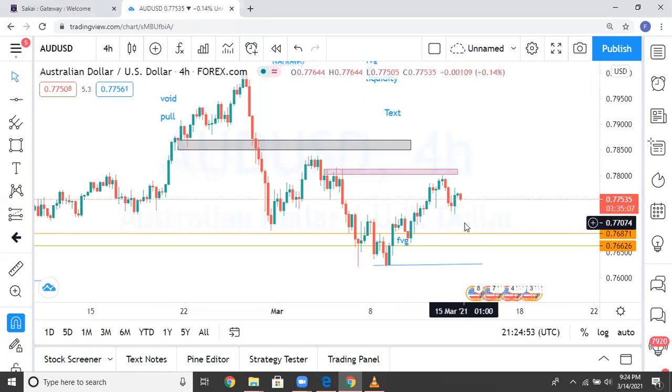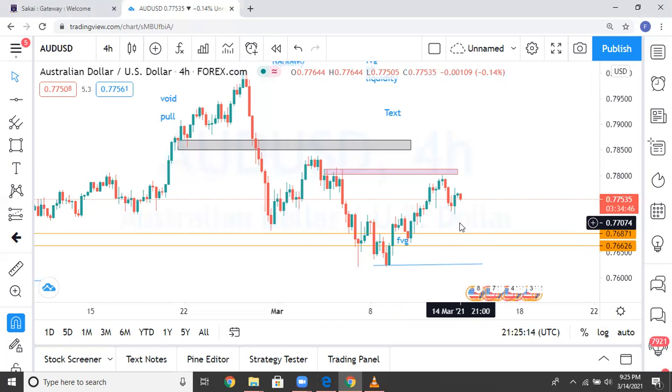To make it more solid, all of them have been able to pass. But what makes it more solid is that the order block is in combination with the fair value gap.